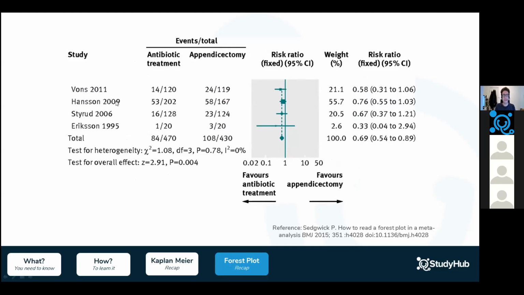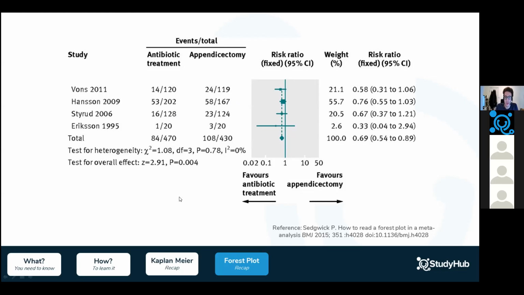Some of them can have 10, 20, 30, and then you get a really big plot, which can seem nonsensical at the start. But I'll just tell you what you need to focus on to interpret this quickly for the OSCEs.